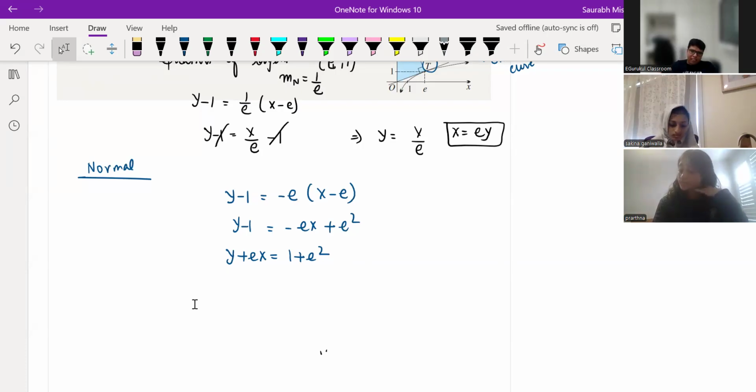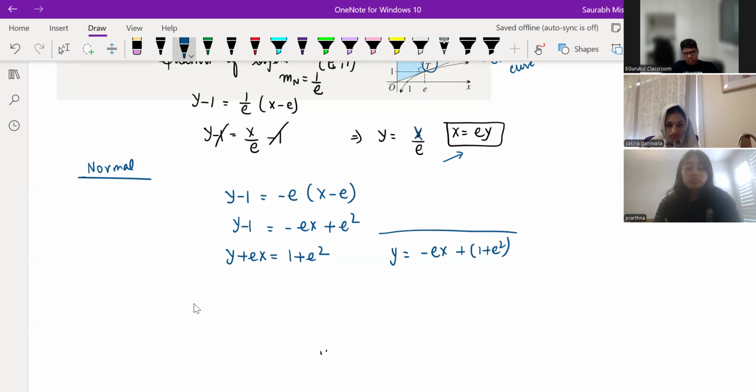Like in this case, they have asked x is equal to ey, not y is equal to mx form. They ask for x is equal to ey to prove, right? There is no standard. But just to make sure that you meet the ego of each teacher, better you put it in mx plus b form. Because you never know what ego that teacher who is checking your notebook is keeping, right?